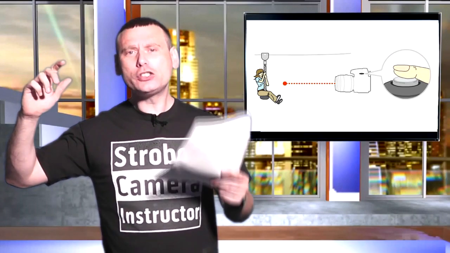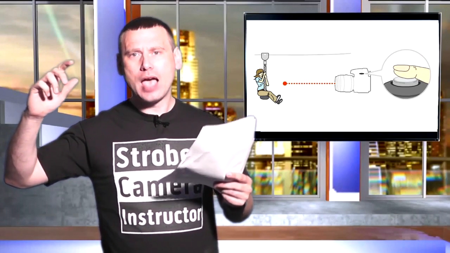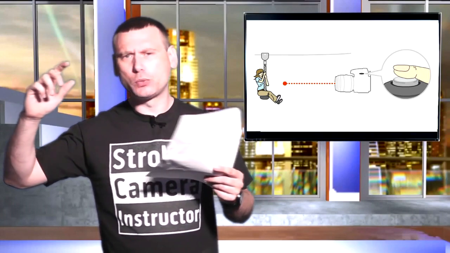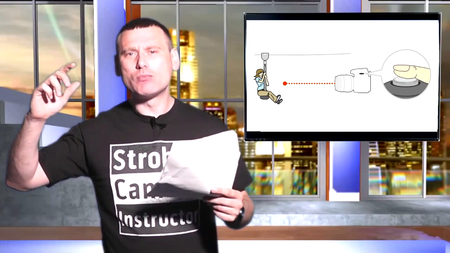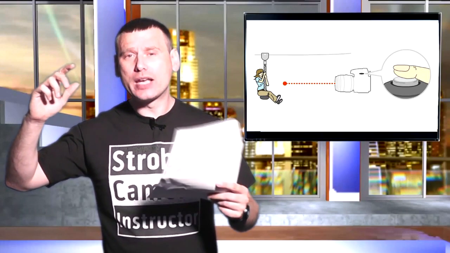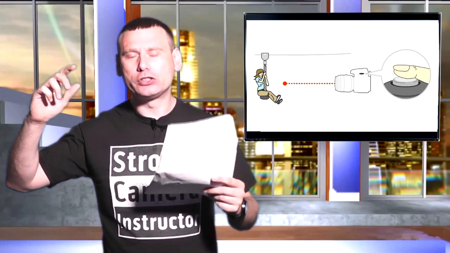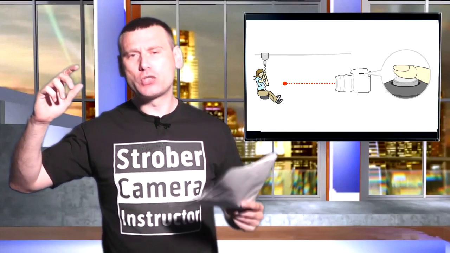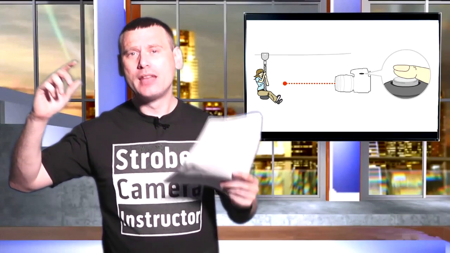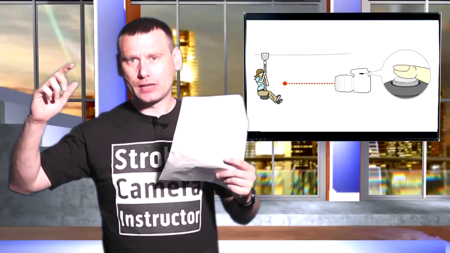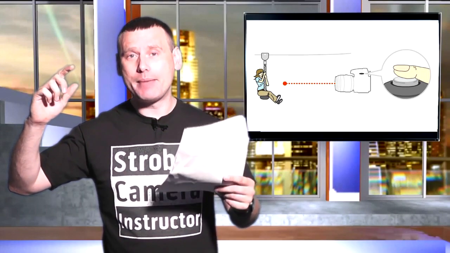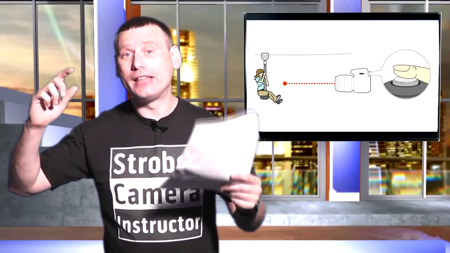When your subject starts to move and you move with your subject, if your subject comes closer to you, the camera will readjust its focus in order to keep that person in focus. If your subject moves away from you, continuous autofocus will refocus in order to keep the person moving away from you in focus.